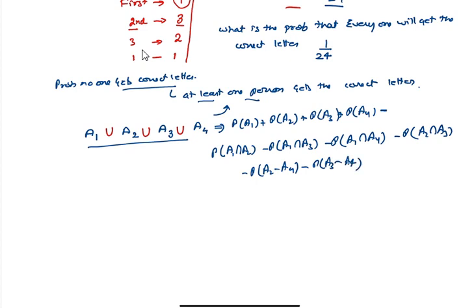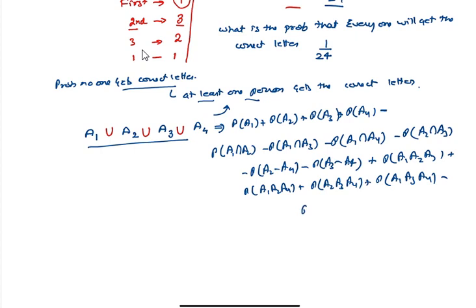Then the next one we add, which will be the probability of A1, A2, A3 plus probability of A1, A2, A4 plus probability of A2, A3, A4 plus probability of A1, A3, A4, and the last one is going to be a negative, which is the probability of A1 and A2 and A3 and A4, all of them getting the correct letter.